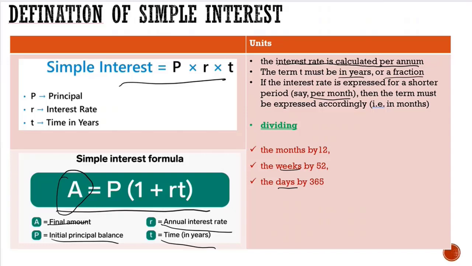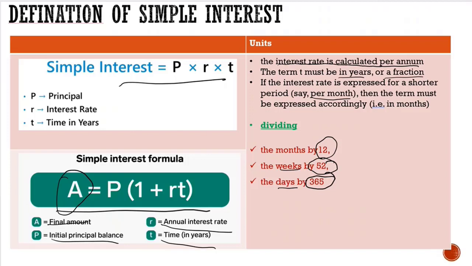If it's months, you divide by 12 months in a year. If you've got weeks, you divide the time by 52. If it's days, you divide by the number of days in a year. That's how you convert if you are given a time period that is less than a year.